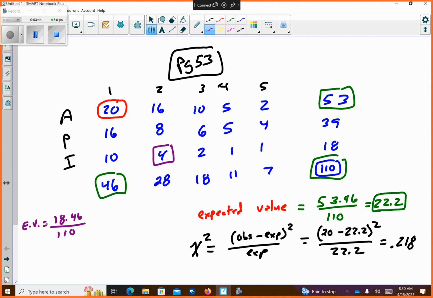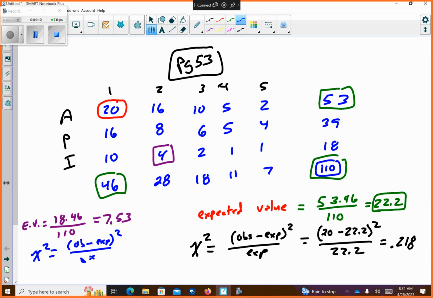So 18 times 46 divided by 110. So that comes out to 7.53. And then if I wanted to figure out the chi-squared of that, so that's going to be my observed minus my expected quantity squared over my expected.